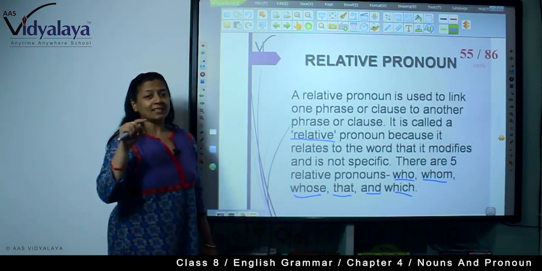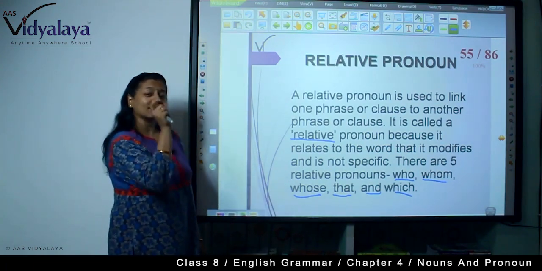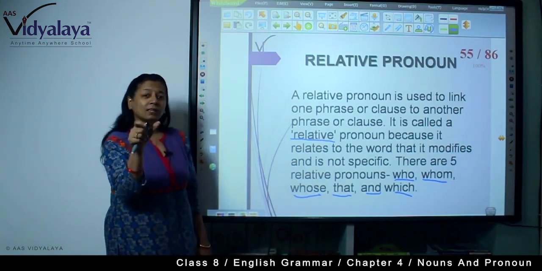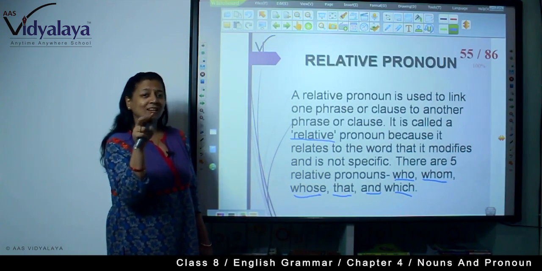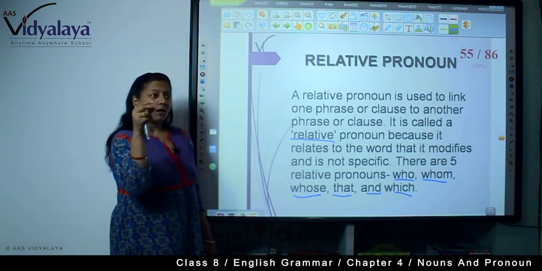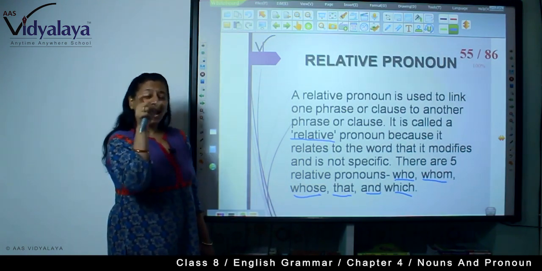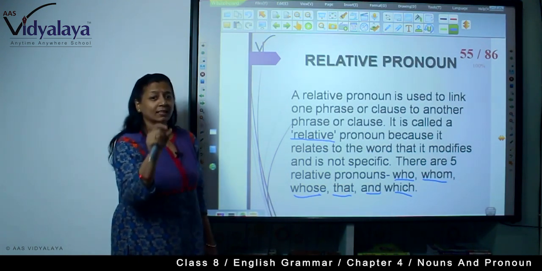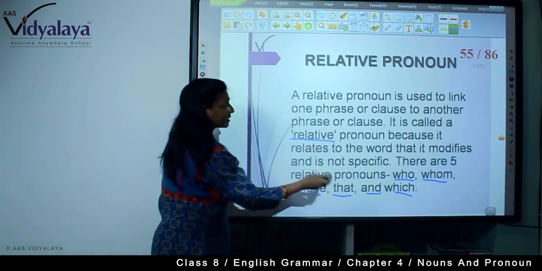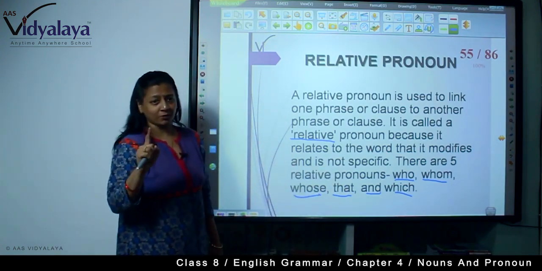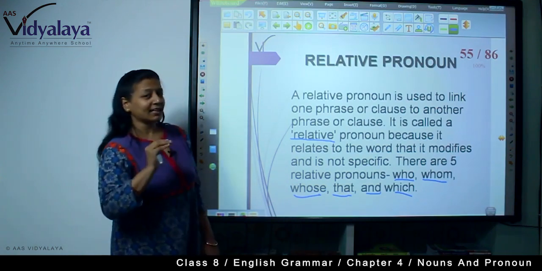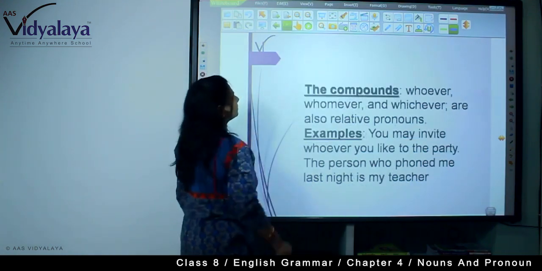They come at the beginning of the sentence there, with a sign of interrogation. But here they come in the middle of the sentence. When two clauses are getting related, or you are adding two different sentences or phrases, then you are using these words and there is no sign of interrogation at the end of the sentence. So they are called relative pronoun.